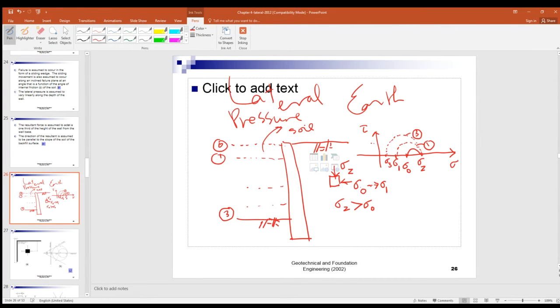Now, if that Mohr circle is under this Mohr-Coulomb envelope, right, then the retaining wall just stays there.